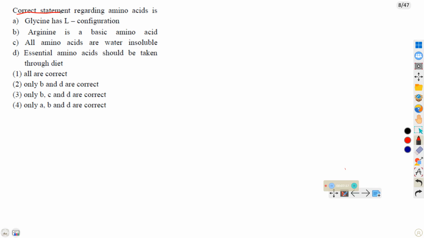Correct statements regarding amino acid. Glycine has L configuration. Wrong. This statement is wrong. Why? Glycine does not contain a chiral carbon.